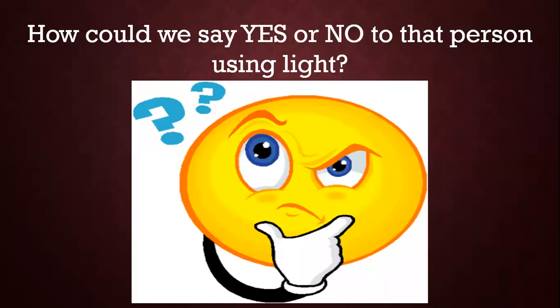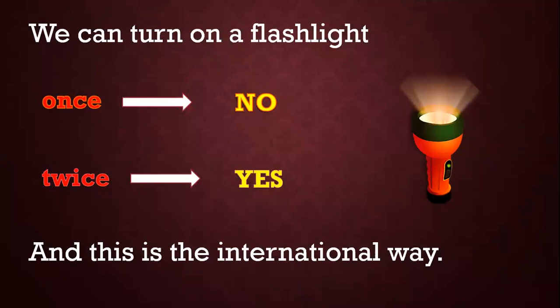What if we want to say yes or no to that person using light? How could we do that? We can turn on a flashlight once to say no, and we can turn it on twice to say yes. Do you know that this is the international way to communicate by light?